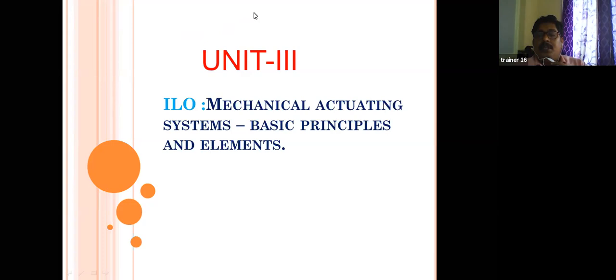That means by using a 3 by 2 valve or 5 by 2 valve. 3 by 2 means it consists of 3 ports and 2 positions. We can use maybe a push button or a lever or a solenoid, but there we used solenoid valves. Solenoid 3 by 2 valve means control of a single acting cylinder.